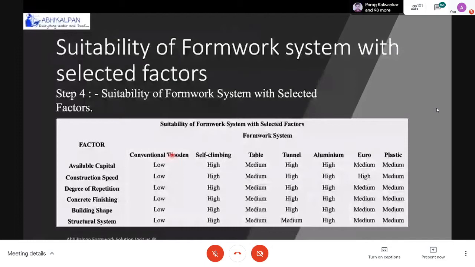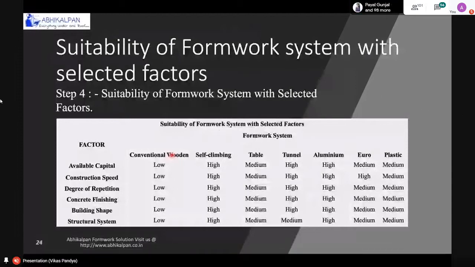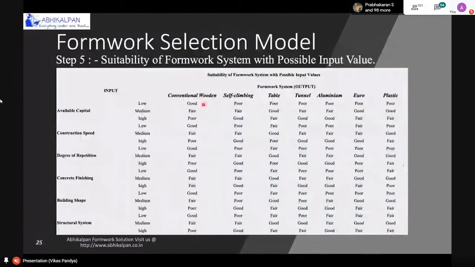The input variable we consider as low, medium, and high for all the factors, and the output variable will be good, fair, and poor. Like, if you have a low available capital, then good is the conventional formwork system for you.